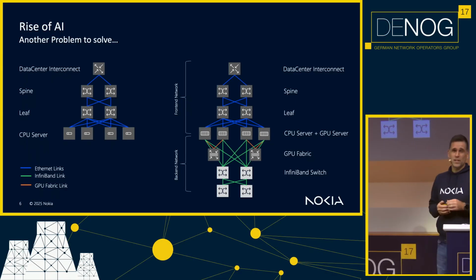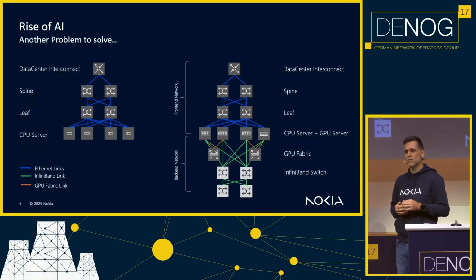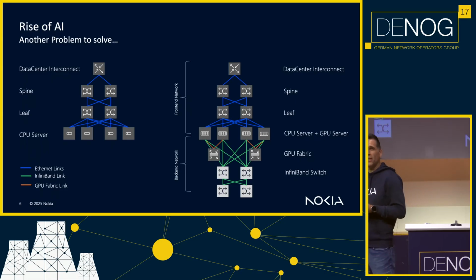The front end is basically mature Ethernet, what we have done as an industry for the last 20 years. On the back end, people who are familiar with HPC clusters know this technology quite well. This is driven by InfiniBand and NVLink, because everything is about connecting GPU memory to GPU memory.